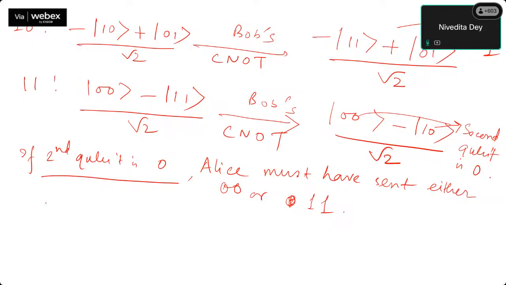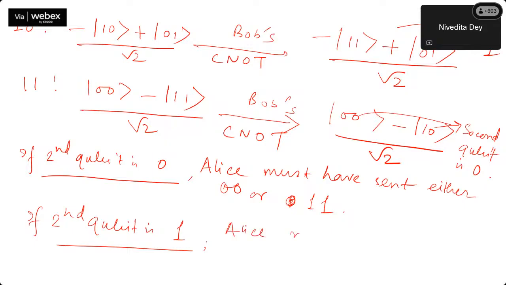And if the second qubit is 1, Alice must have sent either 0, 1 or 1, 0. Okay.